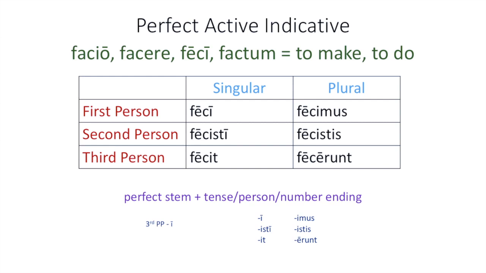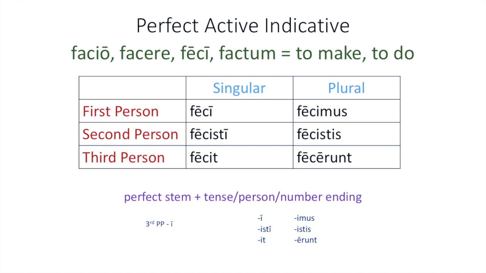T in the third person singular, imus in first person plural, istis in second person plural is very similar to tis in second person plural present system, and erunt still has that nt.